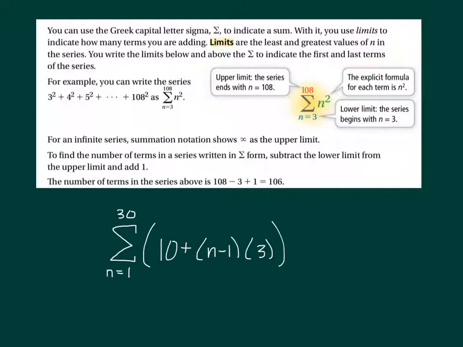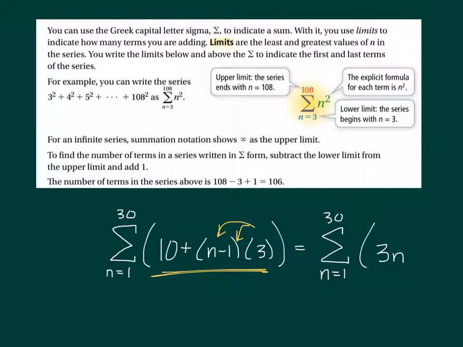And when you see problems like this, they are usually going to give this formula in simplified form, meaning you distribute this 3 through, and so that's going to be the sum as n goes from 1 to 30 of, what is that, 3n plus 7? So this is the theater problem we just did.